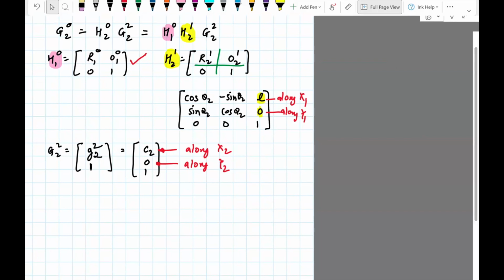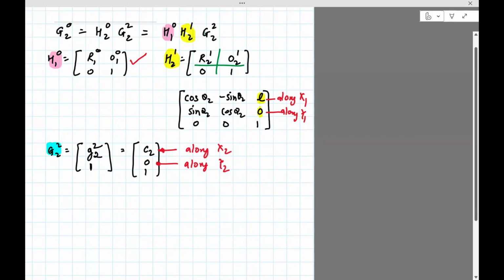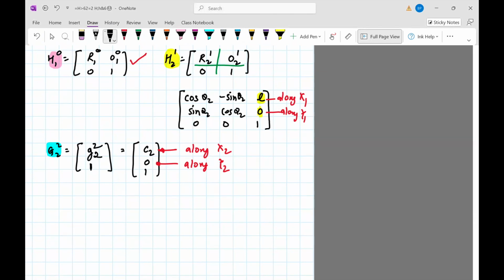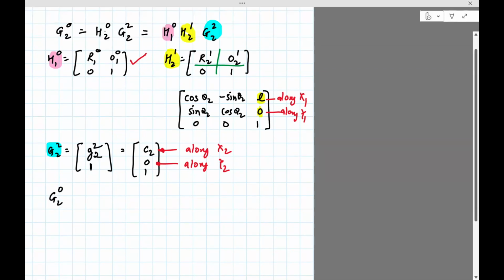Okay, so what we can now do is plug in the value of G2 in here, and then we'll be able to compute G20. So I did that for you.